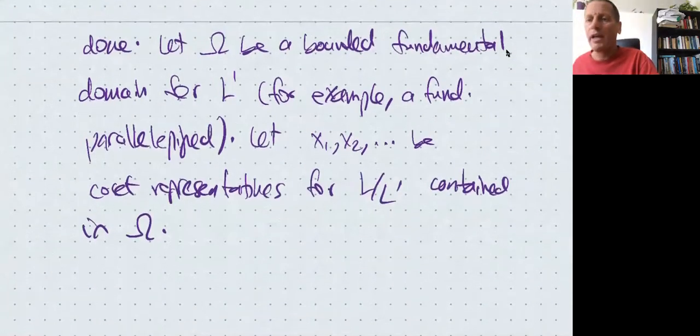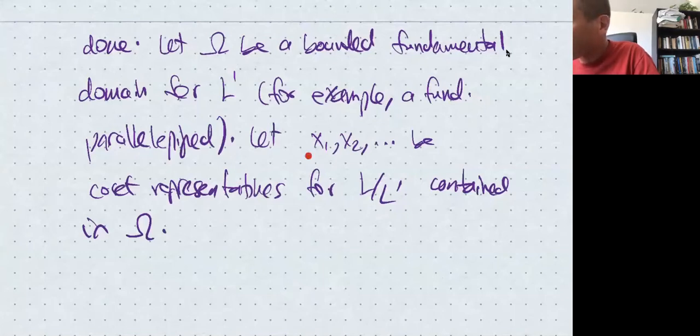For now I don't know it's a finite set. Right? I can choose coset representatives for this quotient, and whenever I have some coset representative, I can translate it by an element of L prime to land in omega. So I may as well stay inside omega.